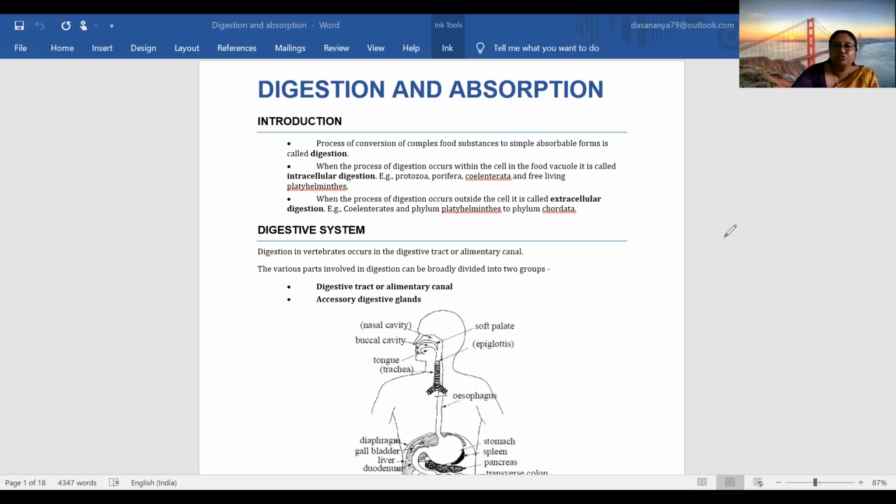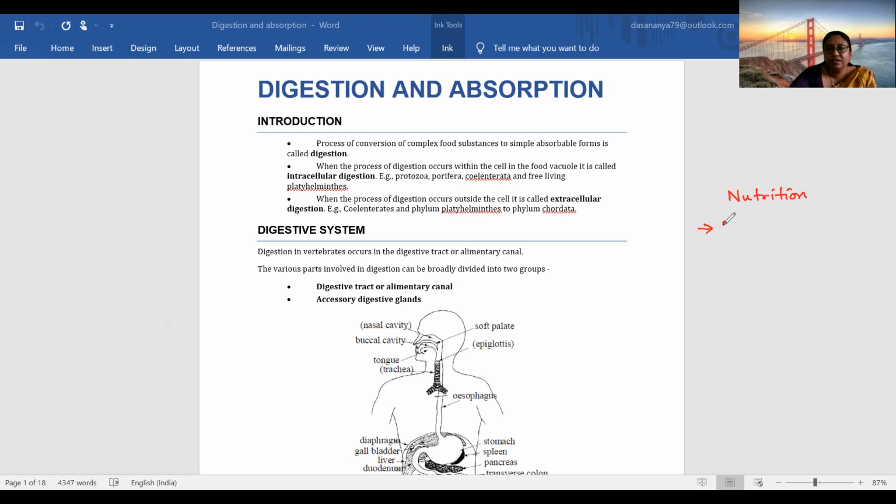I wish to tell you another very important thing that you should know. Here in this chapter, we are talking about digestion and absorption because this chapter deals with that mainly. But there is a concept of nutrition. So what are the steps of nutrition?